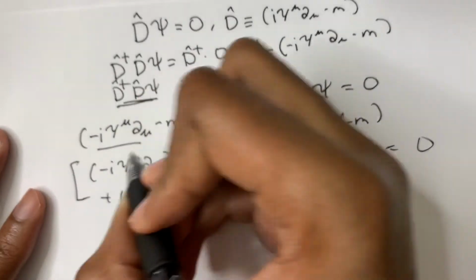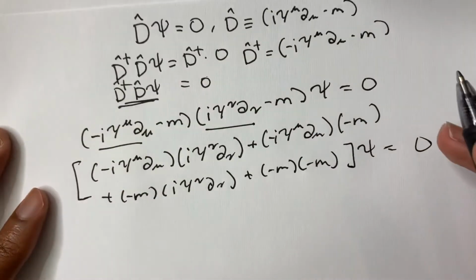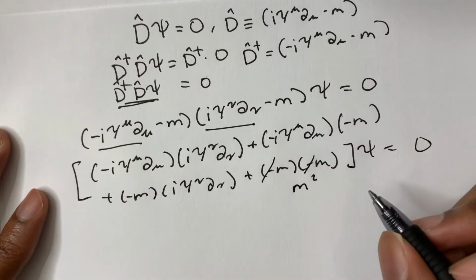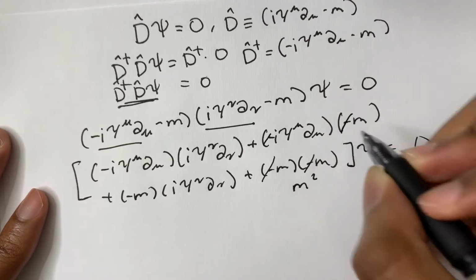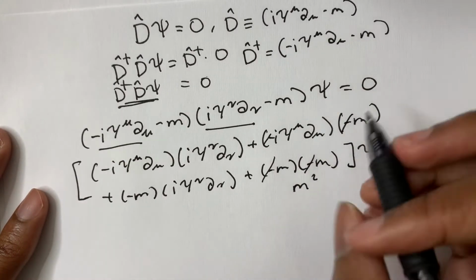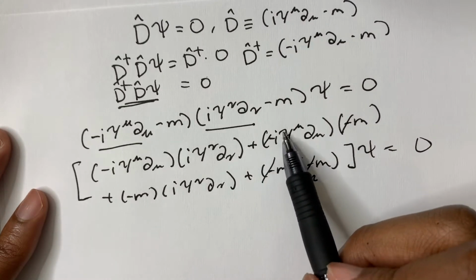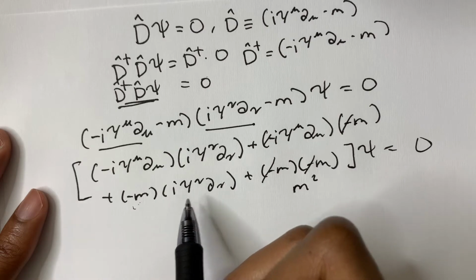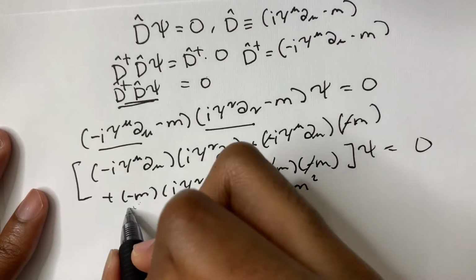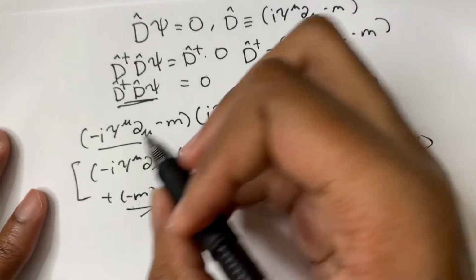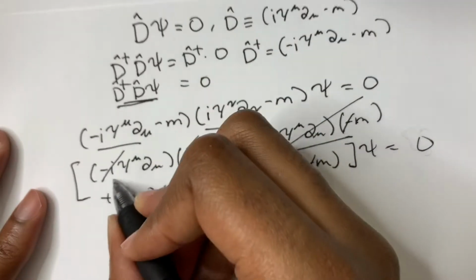What can we do? Well, these cross terms cancel out. We get an m squared here. These cancel out. So we have positive i γ^μ ∂_μ m here, and we have minus m i γ^ν ∂_ν, so these terms will cancel out.